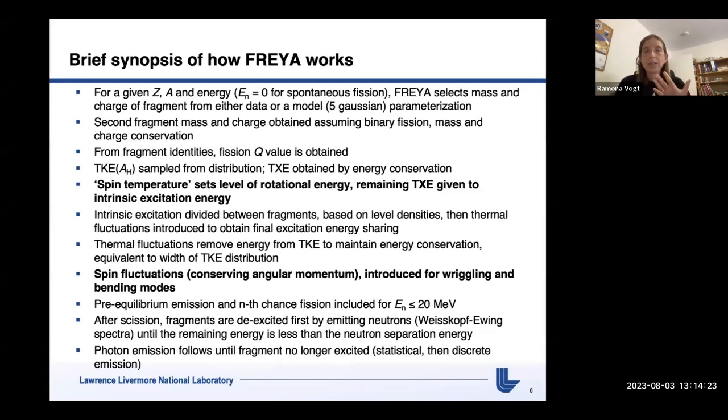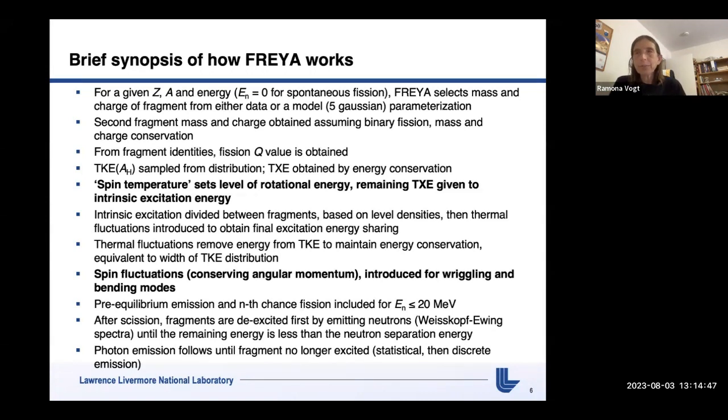Excitation energy is 0 for spontaneous fission. That's a tunneling process. And with neutron-induced fission, you have the energy of the neutron that comes in, and then you talk about, say, E sub n as the incident neutron energy. But you can also do, say, photo-induced fission or other types of induced fission.